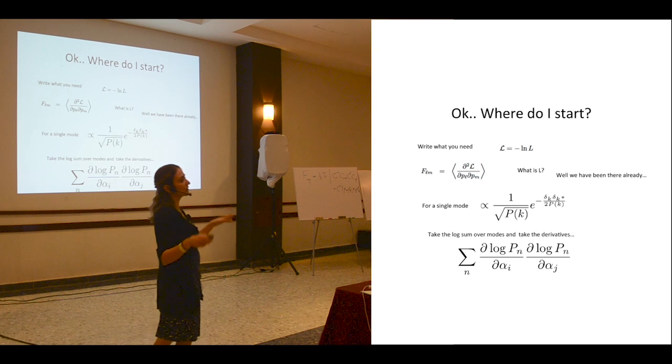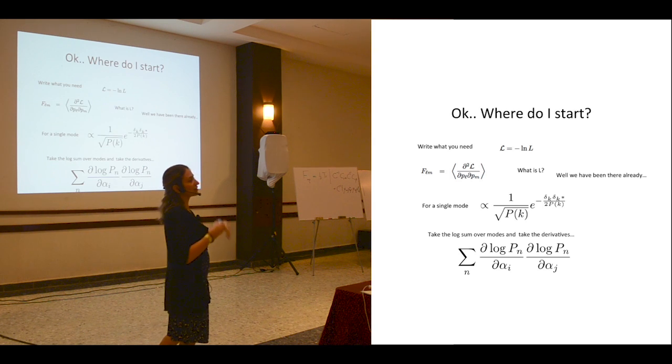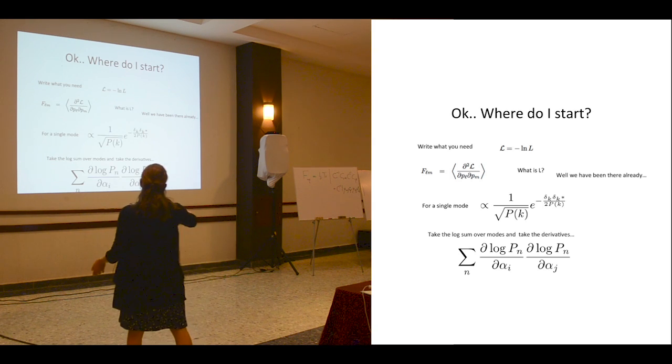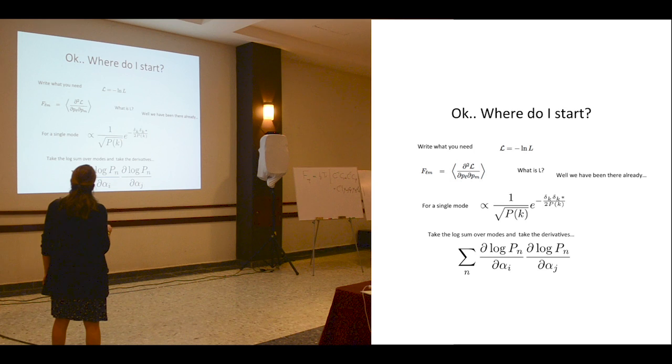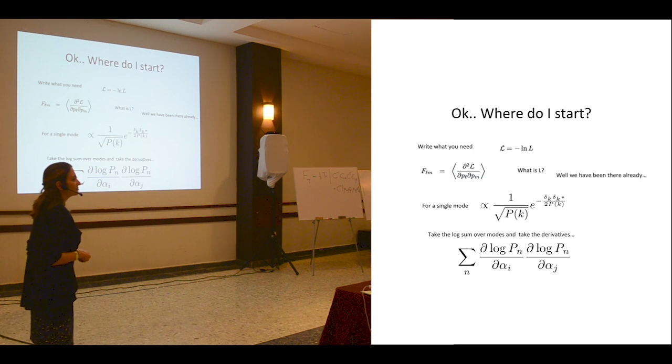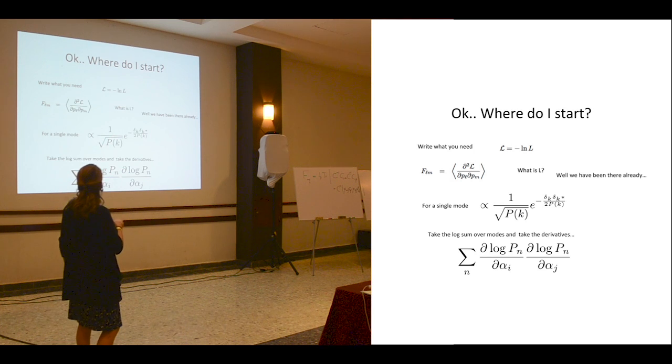In this case, the field is not Gaussian, but the non-Gaussianity is small, so you can still write down something like this. Take the log, sum over the modes, and take the derivative, and you end up with something like that. So your log likelihood is this, where these are the parameters of interest, and this is the power, and you're summing over the modes.